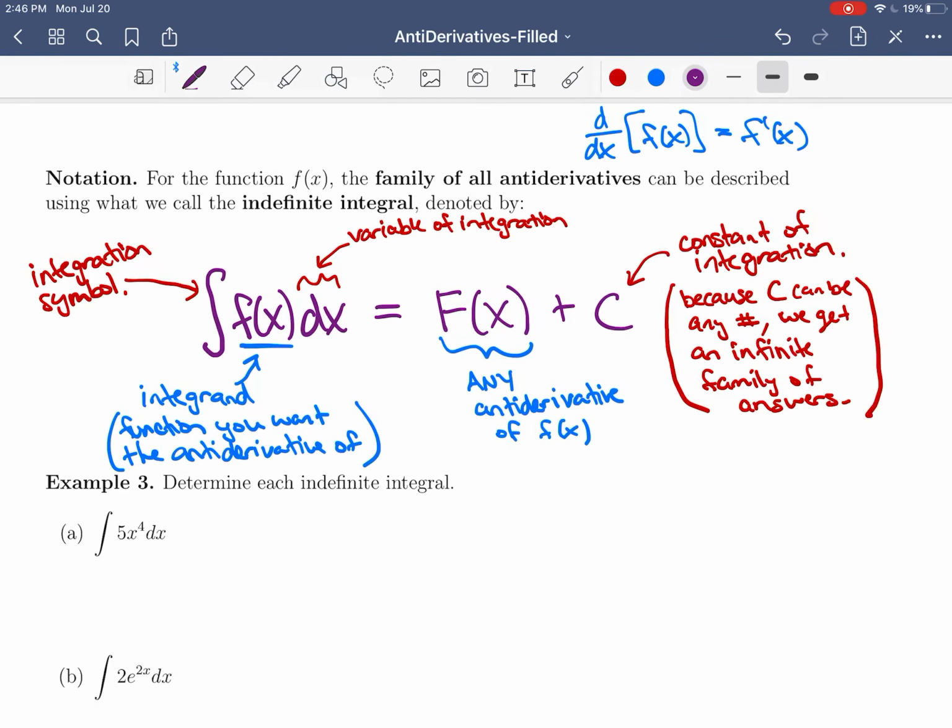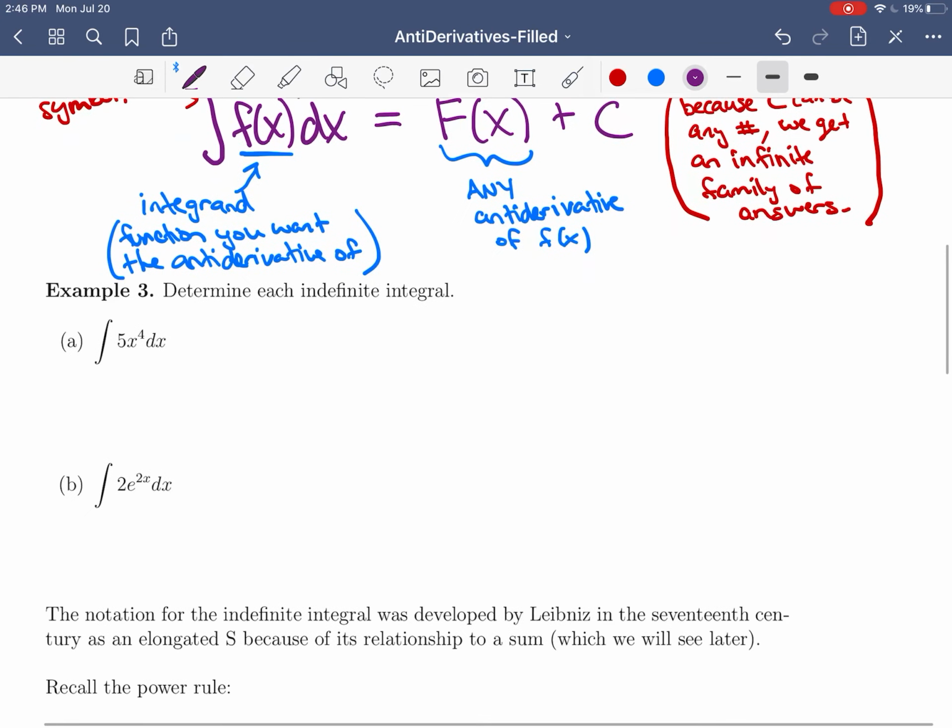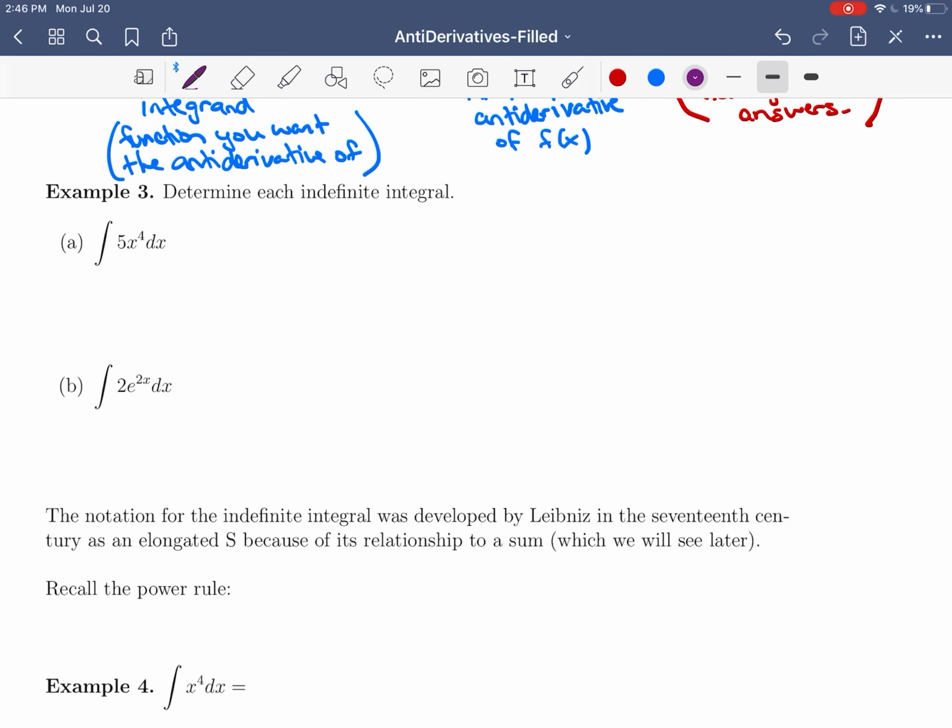Let's just do a few examples here. So in this first one, we want to find the indefinite integral. So we want to evaluate this. So x is our variable, and our function, this little f of x, is 5x to the 4. So that means that we want a function that has derivative 5x to the 4.